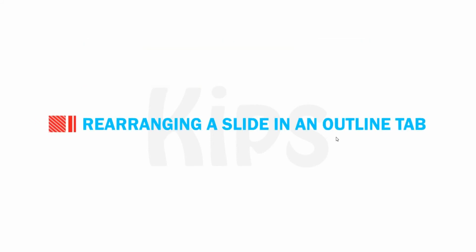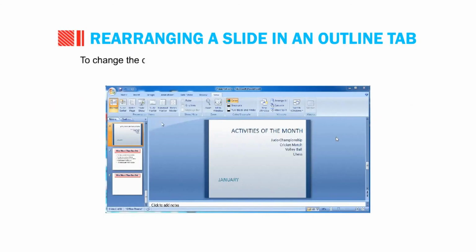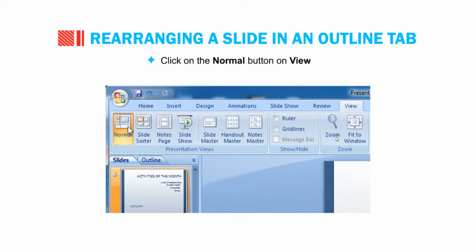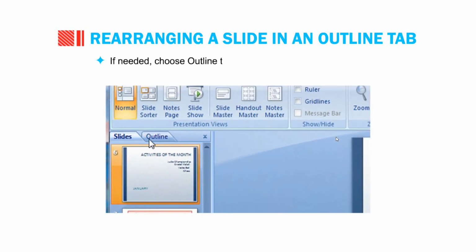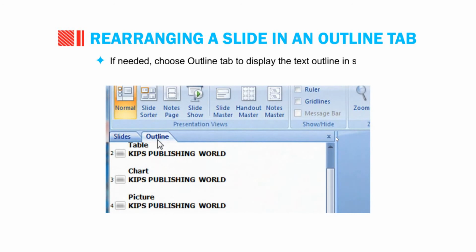Okay students, let us learn how to rearrange a slide in an Outline tab. To change the order of the slide from one position to another in Outline tab, follow these steps. Click on the Normal button on View tab. If needed, choose Outline tab to display the text outline in slides.